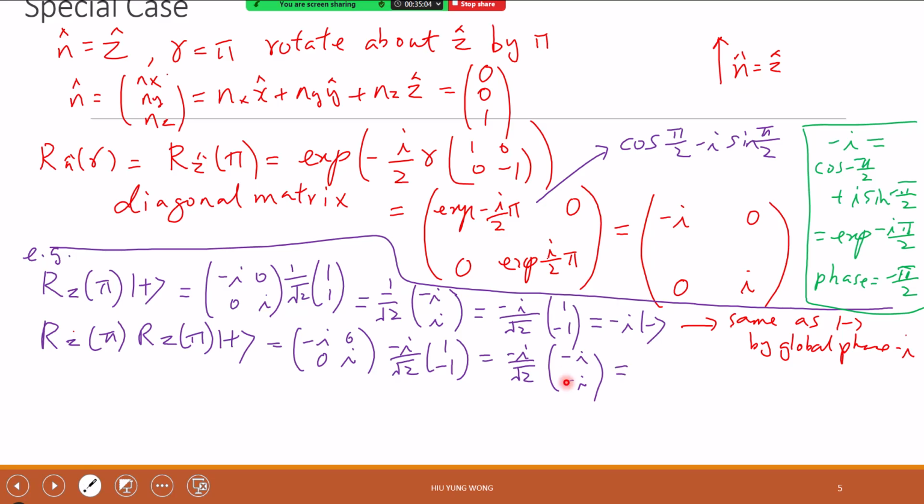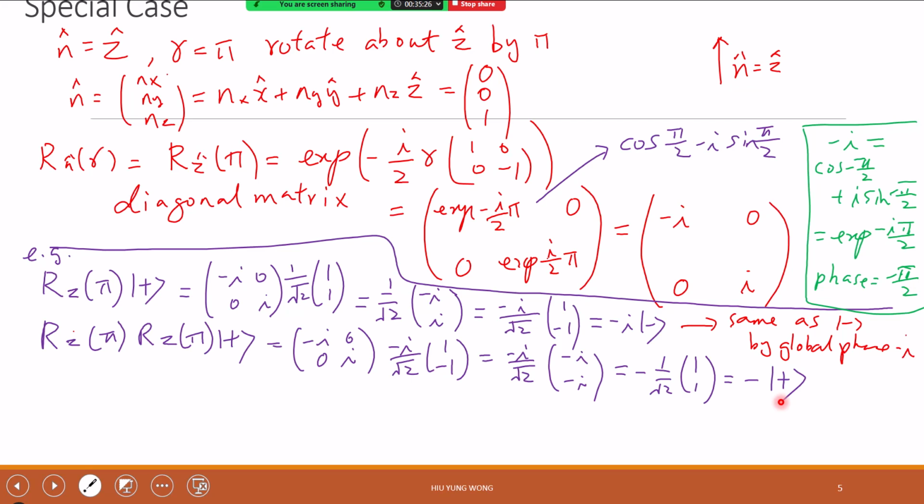Negative and negative is gone. But I times I is what? Is also negative. So it is negative 1 over square root 2 times plus, 1, 1, which is equal to negative plus.